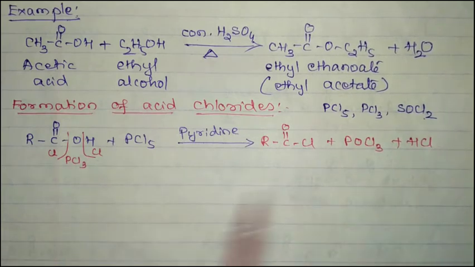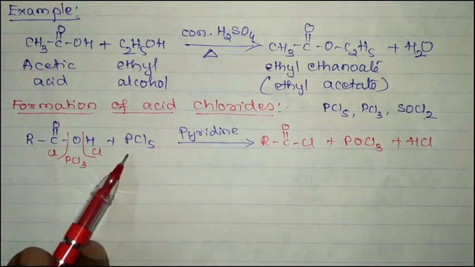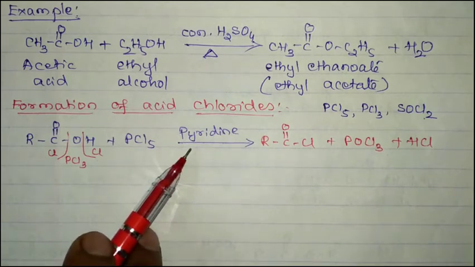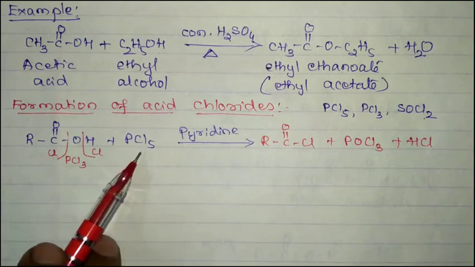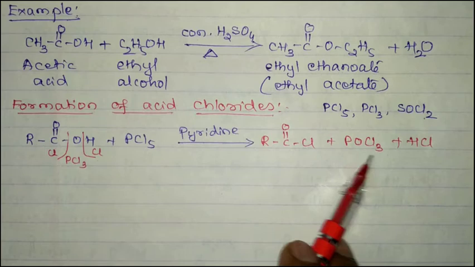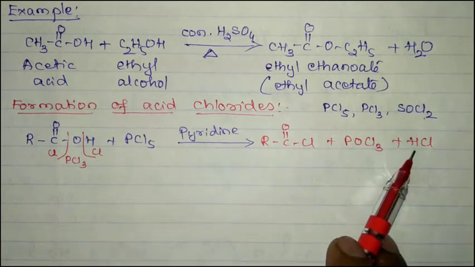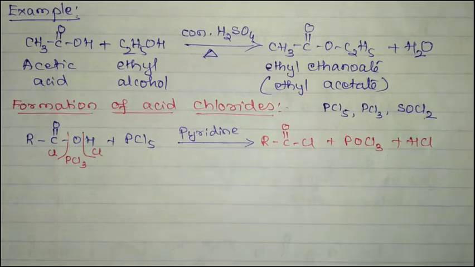Carboxylic acid reacts with phosphorus pentachloride and gives acid chloride plus phosphorus oxychloride and HCl. Pyridine is used to absorb the HCl formed during the reaction.